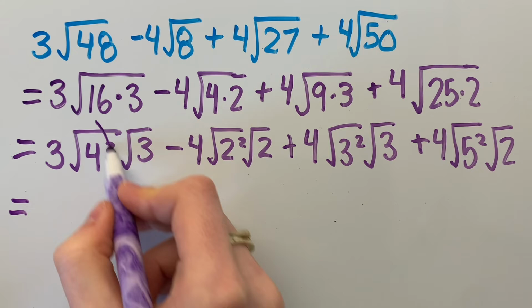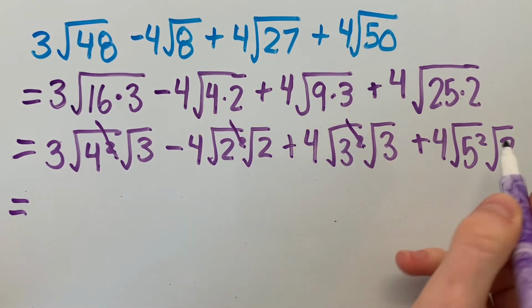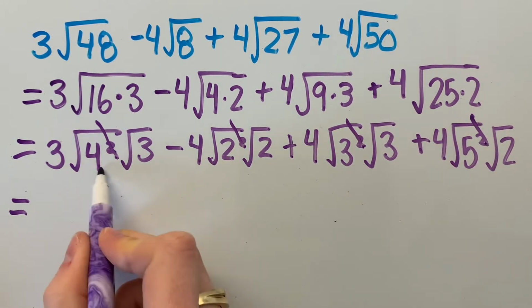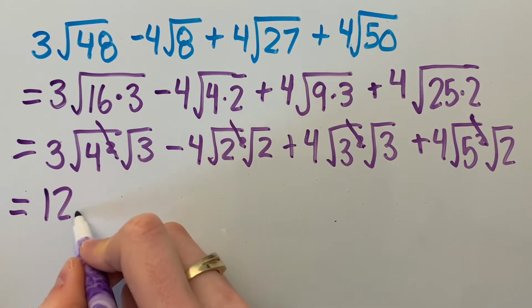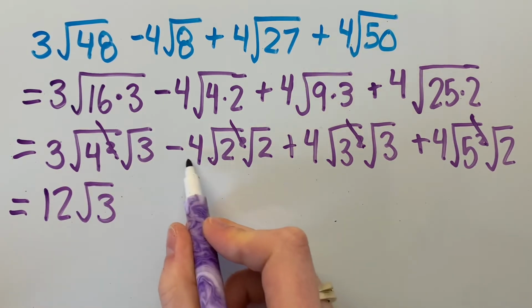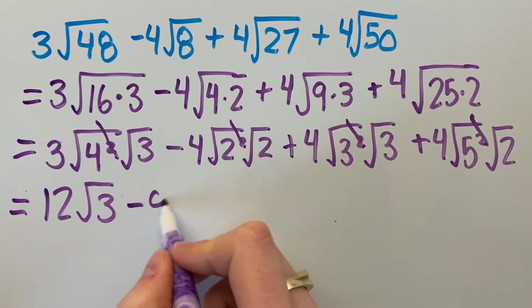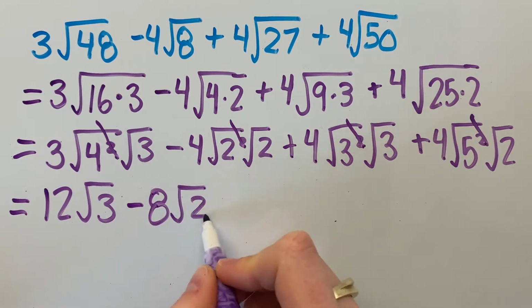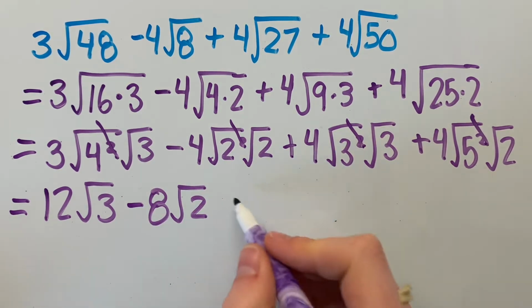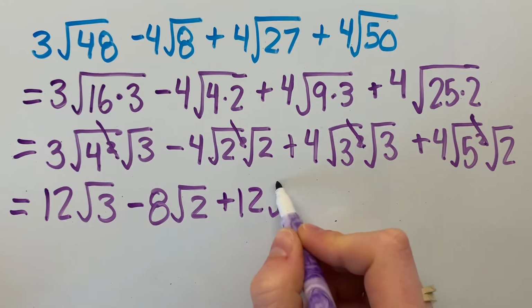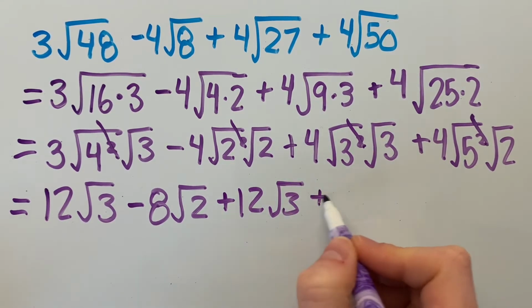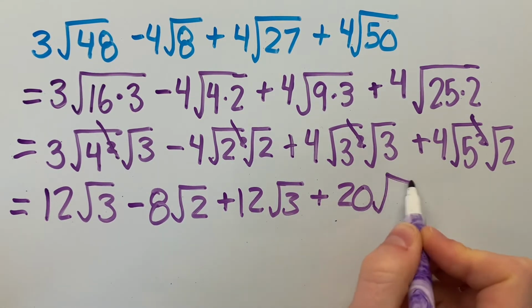And now the square and the square roots all cancel out here. So we're left with 3 times 4, which is 12 root 3, minus 4 times 2, which is minus 8 root 2, plus 4 times 3, so plus 12 root 3, plus 20 root 2.